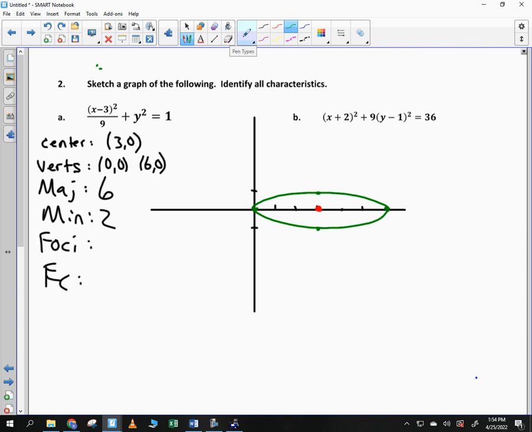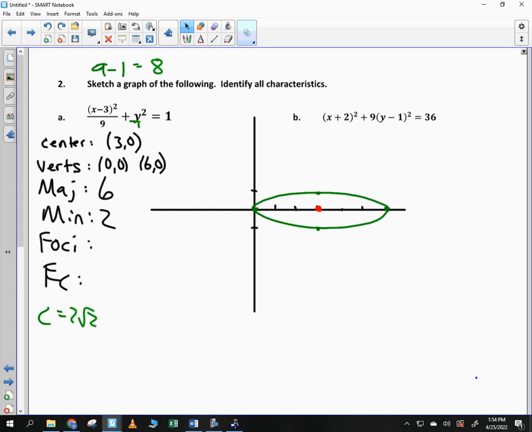All right, how do I determine the foci? So I have a squared, which is 9, minus b squared, which is 1. So I get 8 is c squared. So what is c? Good, 2 roots of 2. So 2 roots of 2, everybody knows, is approximately 2.8.